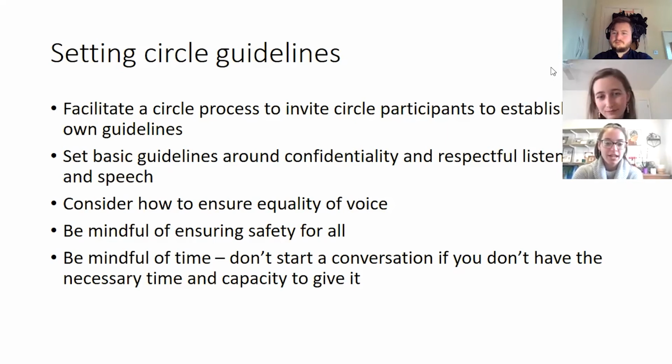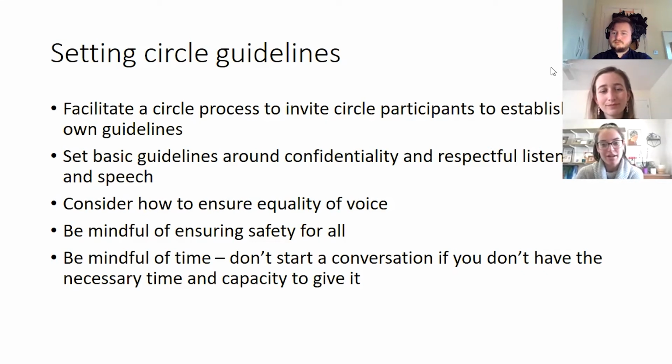Also considering how, as Lindsey had mentioned, some of the particular questions and framing can be framed in a way to ensure equal voice. So as Ian had also mentioned, the talking piece is a great example that not only signifies who's talking, but also represents who is listening, and establishes that equal voice, however it gets framed.